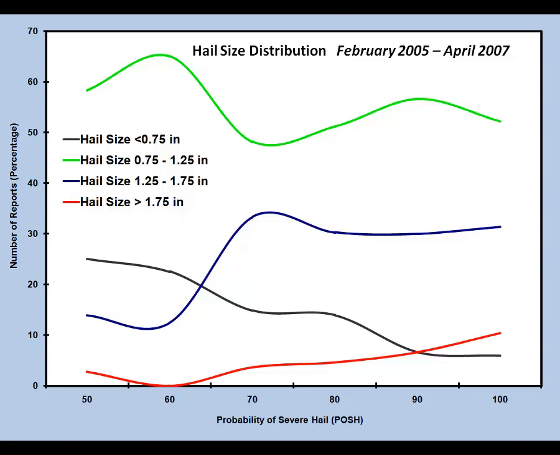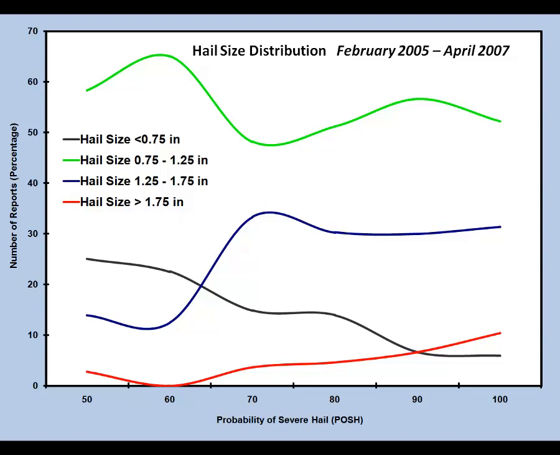Okay, from our study that Scott Unger and I did last year, we looked at about 360 cases of how POSH worked with a hail size distribution. So in other words, taking a look at, for example, the black line here, those are all hail sizes that are non-severe. And check out, as the probability of severe hail gets higher and higher, the number of reports goes further and further down.